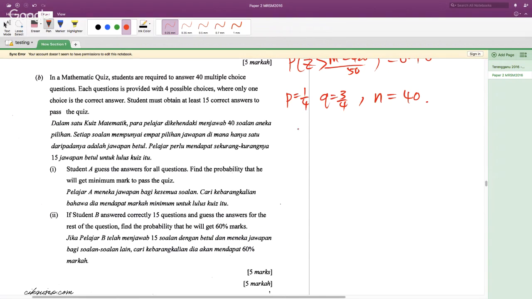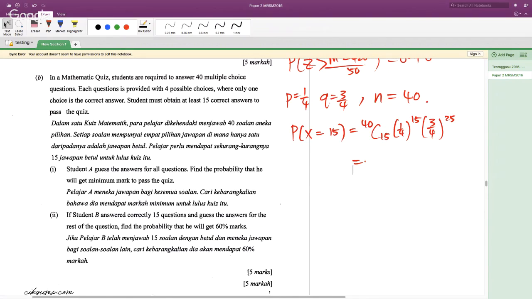I want to know what happens in order to pass, right? X should equal 15. So I will say 40 C 15, p is 1 over 4 to the power of 15, and q is 3 over 4 to the power of 25. Yeah, I hope I got it correct.